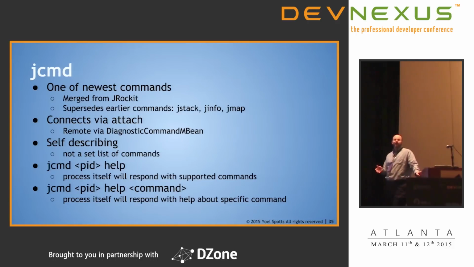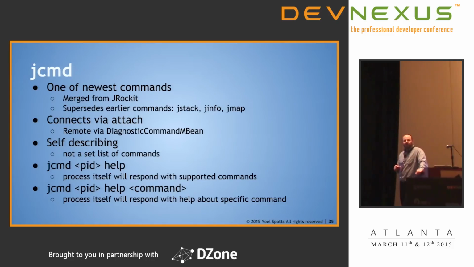Oracle had JRockit and Sun had HotSpot. HotSpot seems to have become the standard bearer, but they've merged a lot of the utilities that were in JRockit, and one of them is JCommand. According to the documentation, it supersedes some of these earlier commands that we've seen: JStack, JInfo, JMap.